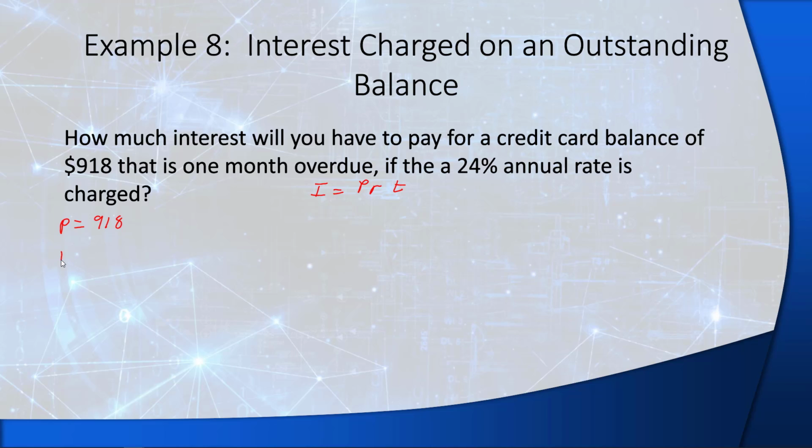The interest rate is 24%. We can't work with percentages, so we are going to write this as 24 divided by 100, and that will give us 0.24. Okay. The credit card, the duration is 1 month, which is equal to 1/12 of a year.